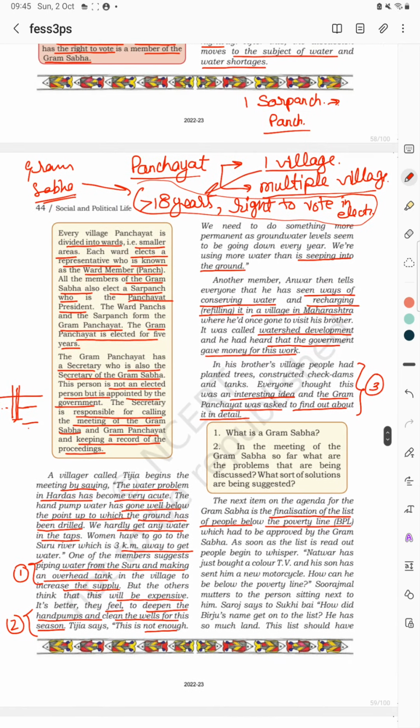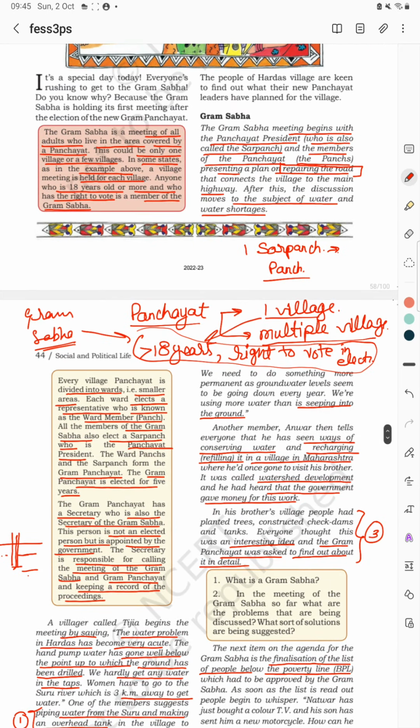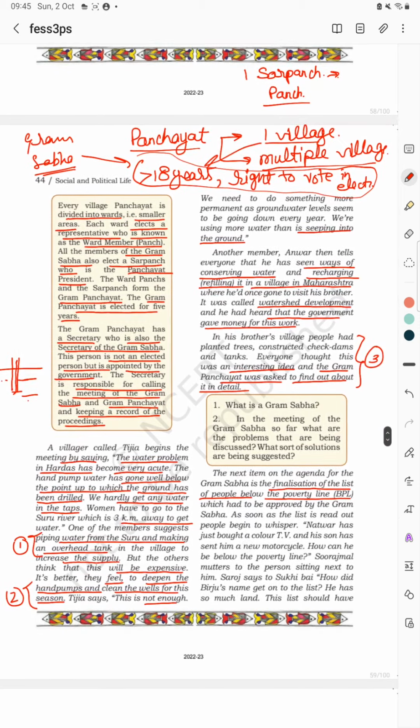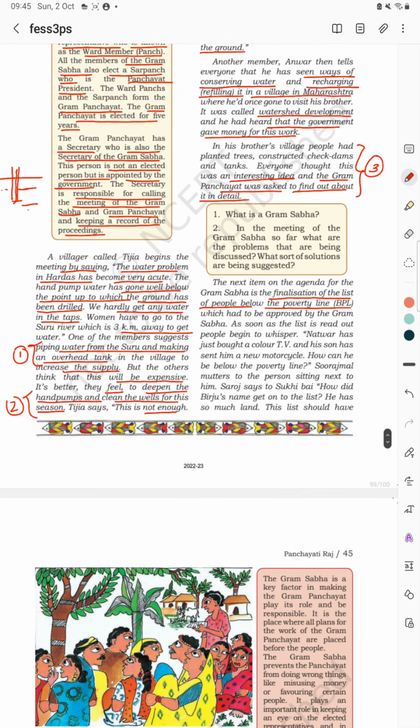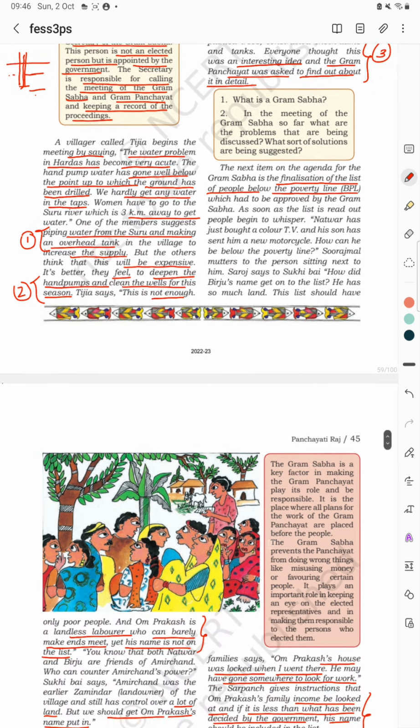So we have learned about Gram Sabha, Gram Panchayat, who the members of Gram Panchayat are, who the members of Gram Sabha are, and who the secretary is. Then we have seen somewhat how the Gram Sabha functions and how people participate in decision making.